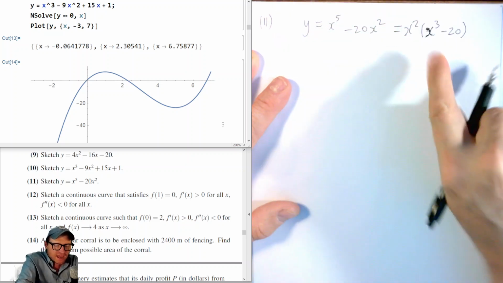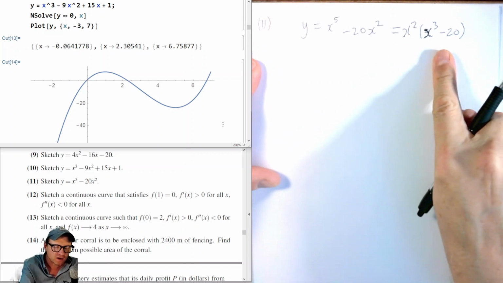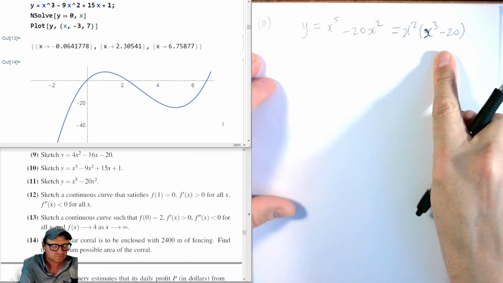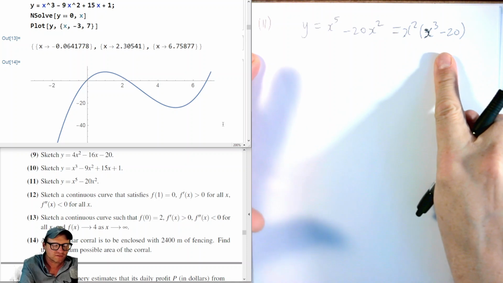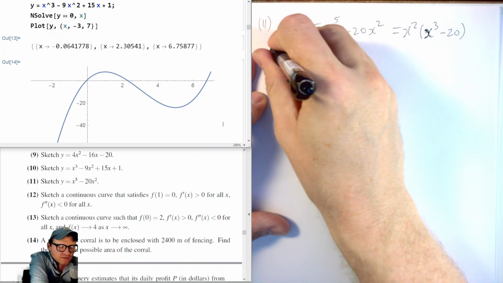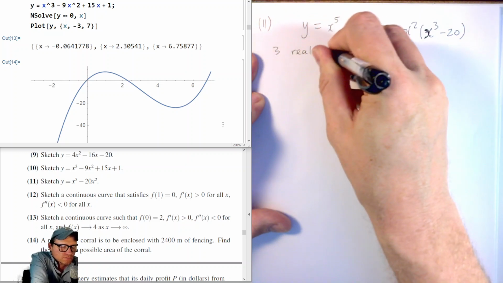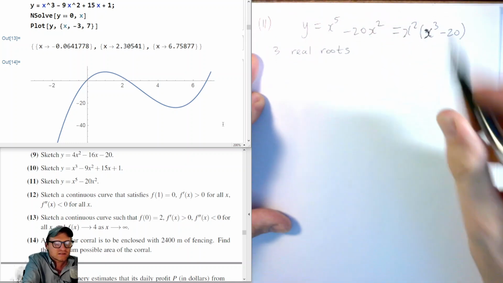Okay, now this has 3 complex roots, but only one of those is real. So I know that I'm going to get the cube root of 20 as one of the real roots. So we have 3 real roots. One of these is repeated.